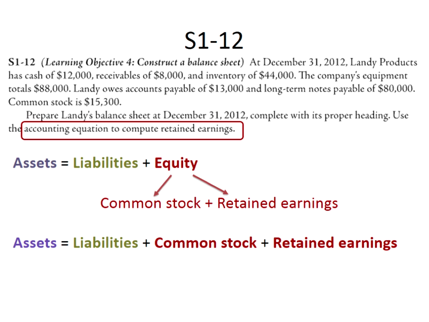This problem doesn't give us retained earnings, so we have to calculate it. So my revised accounting equation, which means absolutely the same thing, is assets equal liabilities plus common stock plus retained earnings. We haven't done anything fancy here.